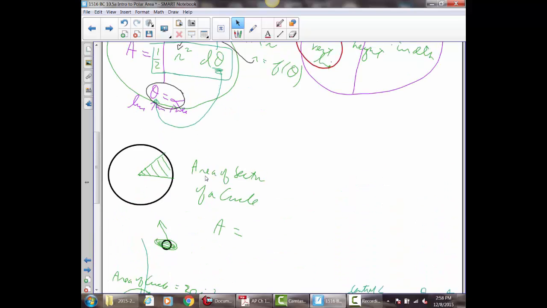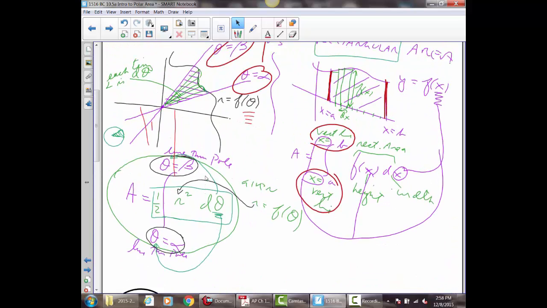1/2 r squared theta. So we're going to take these tiny little slivers of sectors, all of whose areas are 1/2 r squared theta. Instead of skinny little dx's, we have teeny tiny d thetas, these little tiny angles.